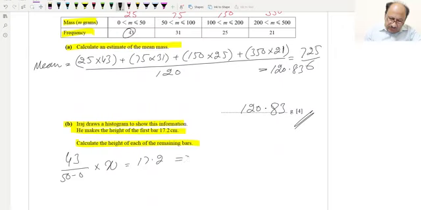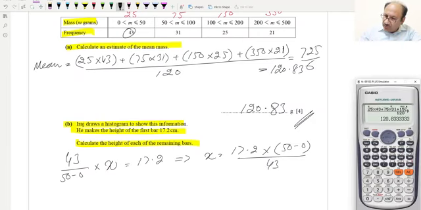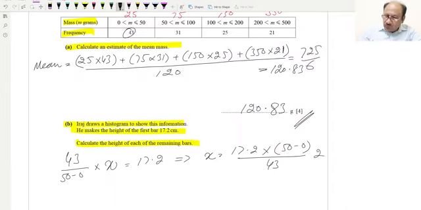This implies x will be equal to 17.2 multiplied by 50 minus 0, divided by 43. If we calculate this fraction, 17.2 into 50 minus 0, which is 50, but I'm just writing for your clarity, this will be equal to 20. So this x value will be 20.